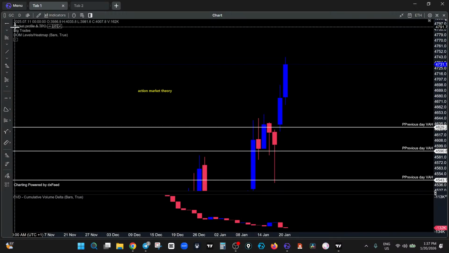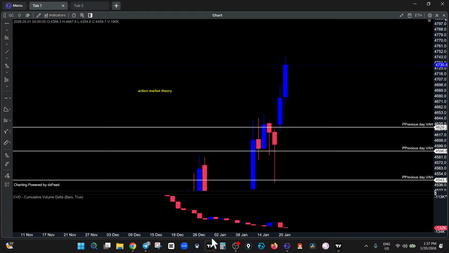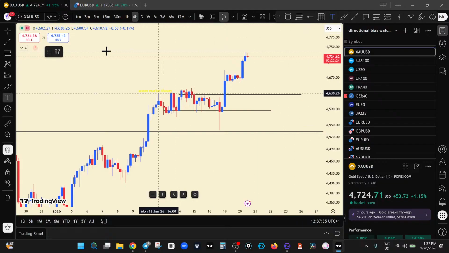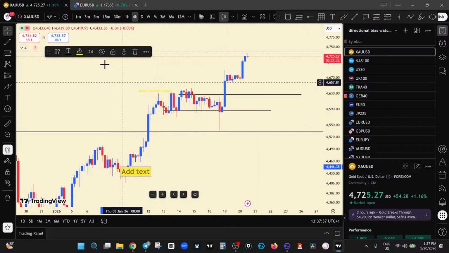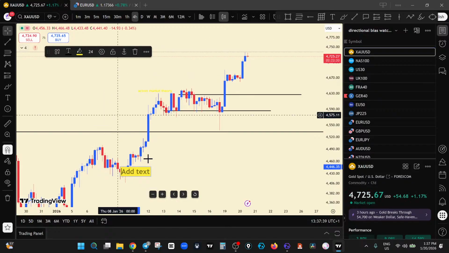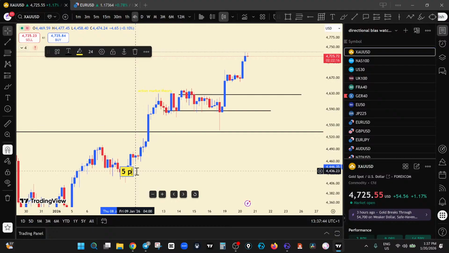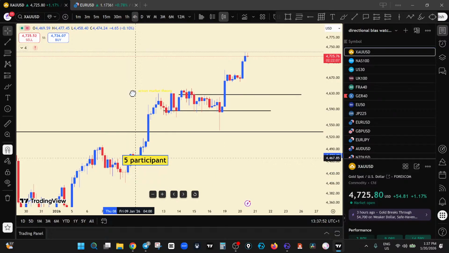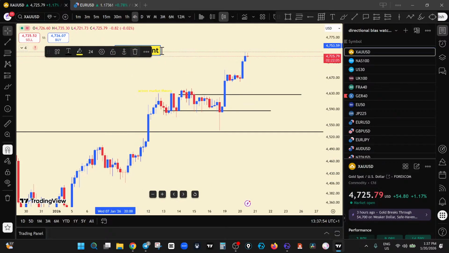Let me go to TradingView so I can use the text tool. Participants. Did I write 5 there?